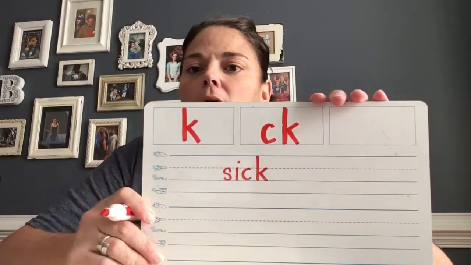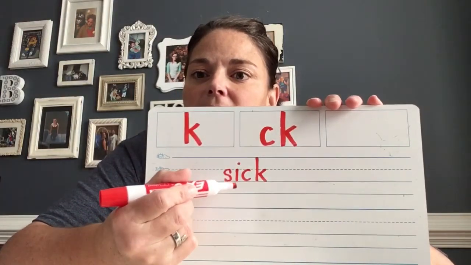All right, here's the next one, and it is sick. I am sick and tired of the coronavirus. Tap it first. Sick. Pause and spell. Okay, here we go. Sick.